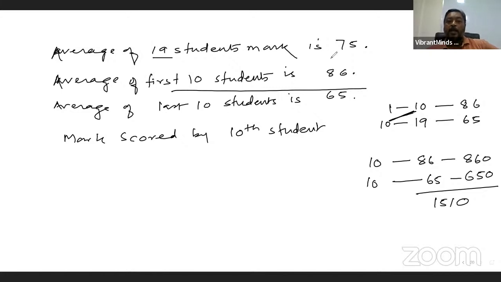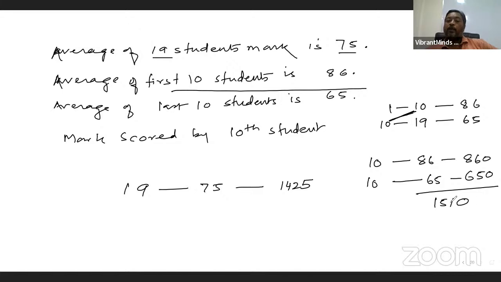But understand, overall 19 students and the average is how much? 75. So total is how much? 19 5s are 95, carry forward 9. 19 6s are 114, 19 7s are 133, plus 9 is 1425.